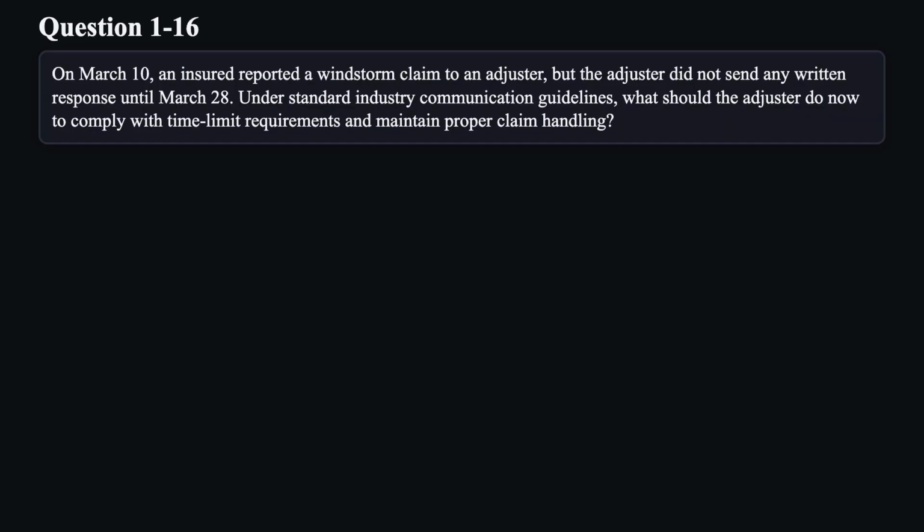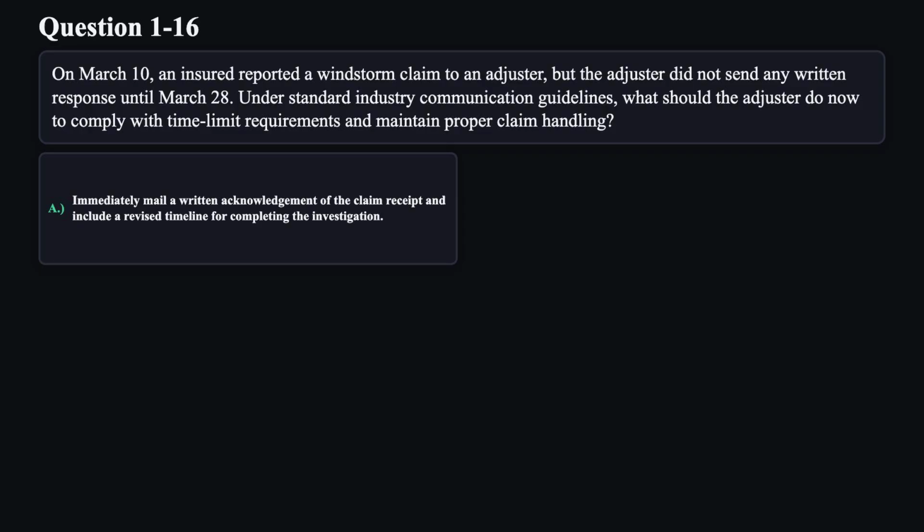Question 16. On March 10th, an insured reported a windstorm claim to an adjuster, but the adjuster did not send any written response until March 28th. Under standard industry communication guidelines, what should the adjuster do now to comply with time limit requirements and maintain proper claim handling?